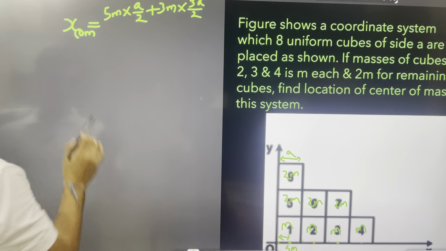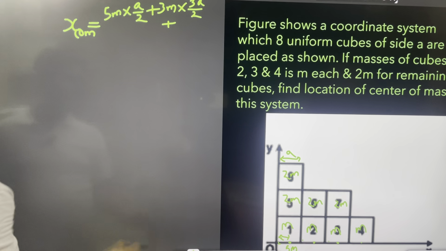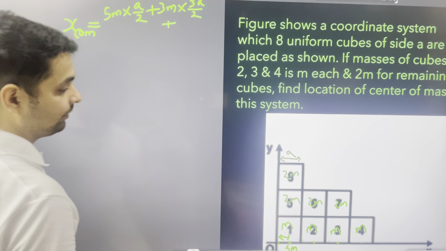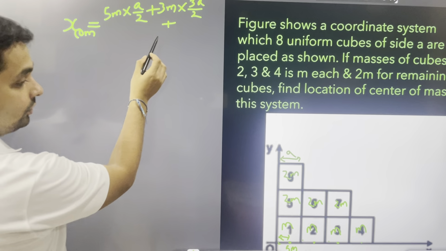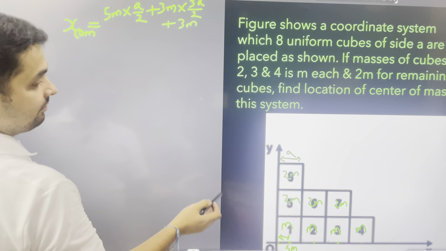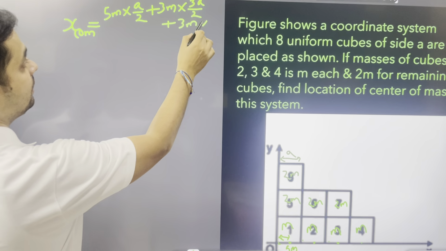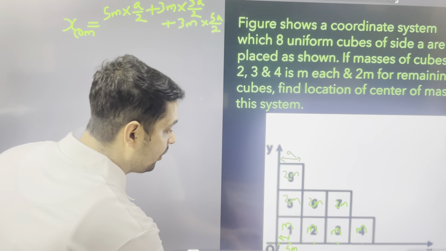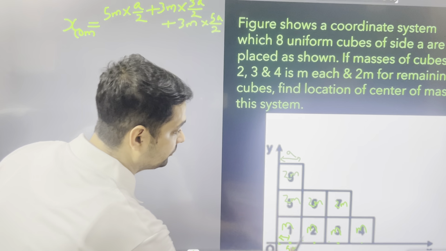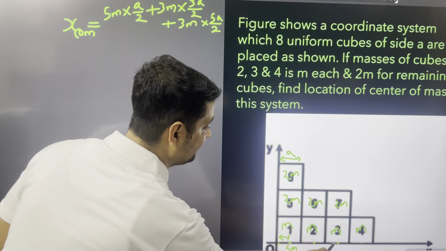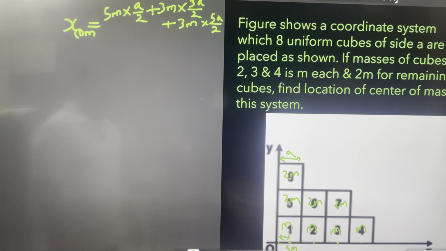Next, plus 2m plus m, 3m again, at 2a plus a by 2, which is 5a by 2. So 3m into 5a by 2. How 5a by 2? You always take from the origin the position of the center of mass of this system: a plus a, 2a, plus a by 2, that is 5a by 2.